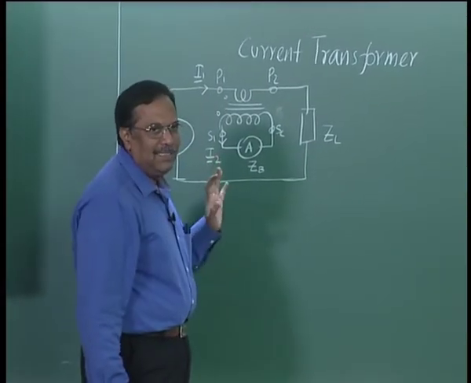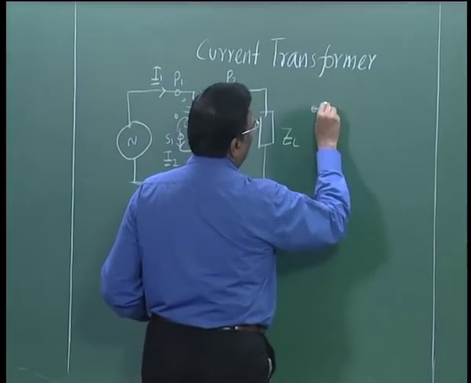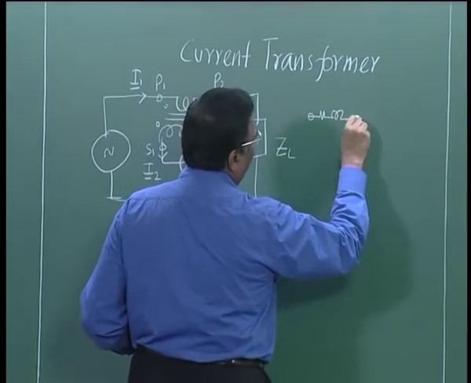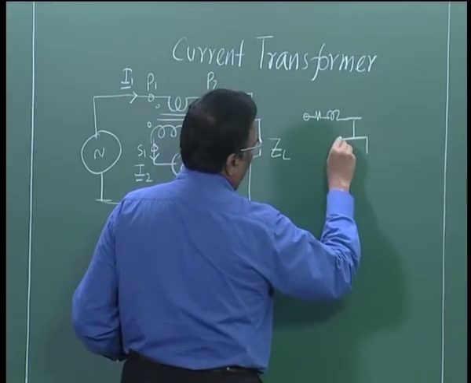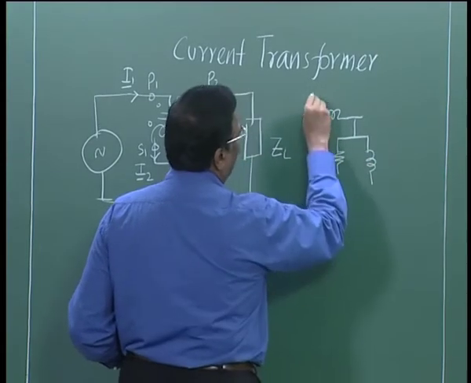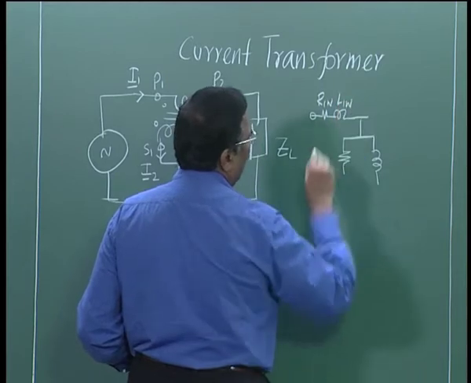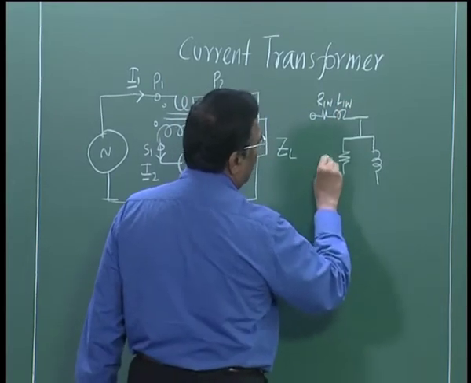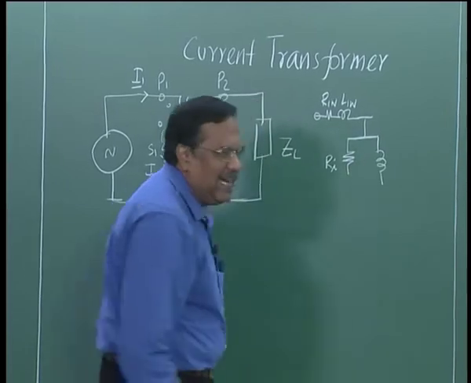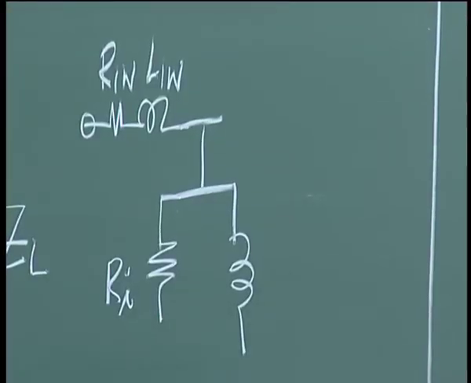In the last class, we looked at the equivalent circuit. We have the primary winding impedance made of R1W and leakage reactance L1W, and a resistance that represents the losses in the core. It is not an actual resistance.